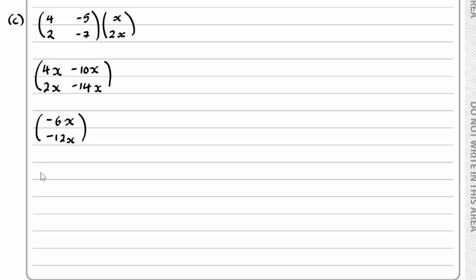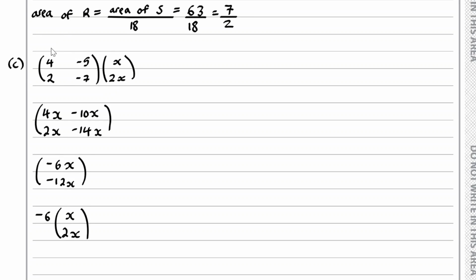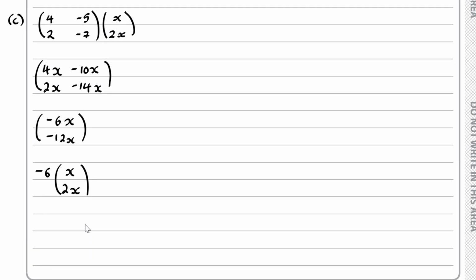And what we can do now is take out a minus 6. So we have minus 6 lots of x and 2x. What we multiplied the matrix by, this x, 2x, is what we get here, except that we have a multiple of that. And therefore, we can conclude that the line is invariant.